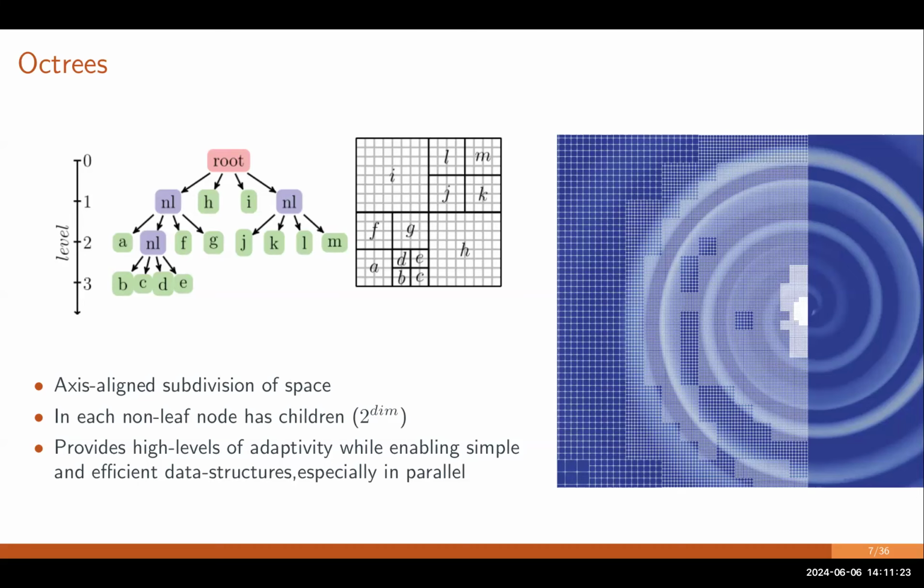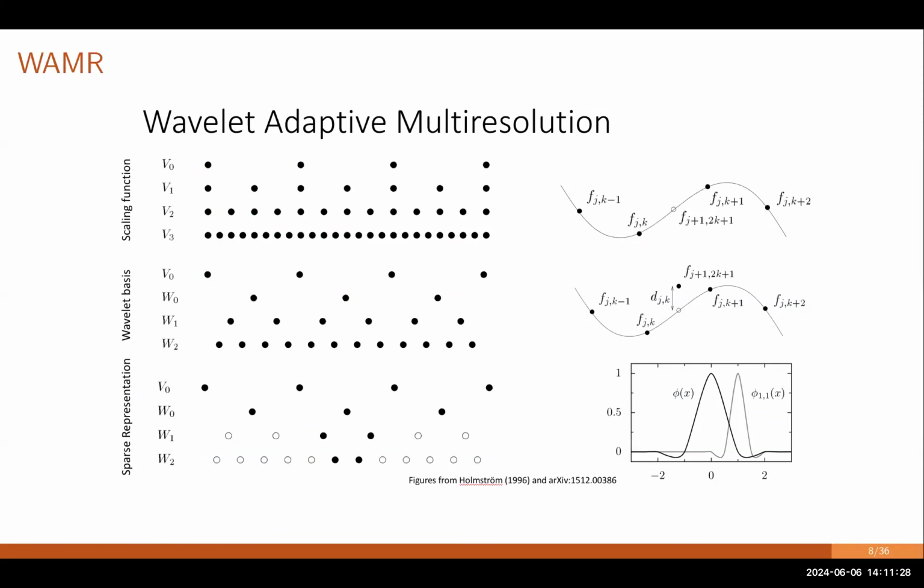How we guide our refinement is using this wavelet adaptive multi-resolution. What the wavelet does is compute a sparse representation of a given function. You can represent a given function in the V0 space or V1, V2, V3, where we increase the resolution on these V spaces.